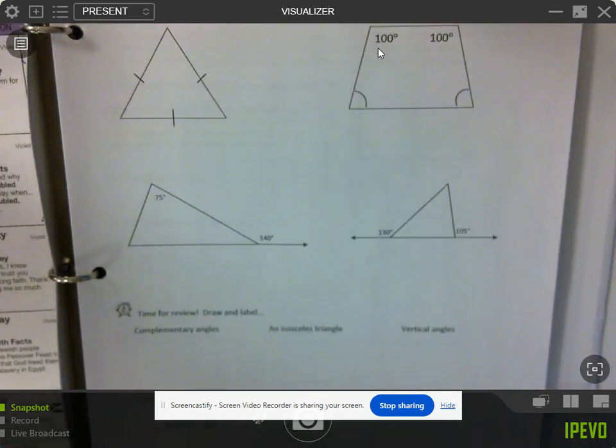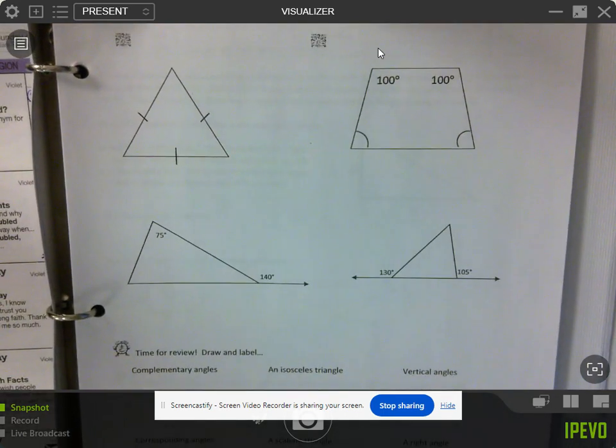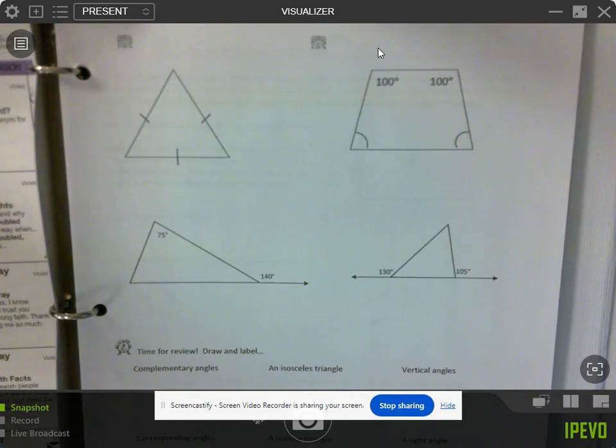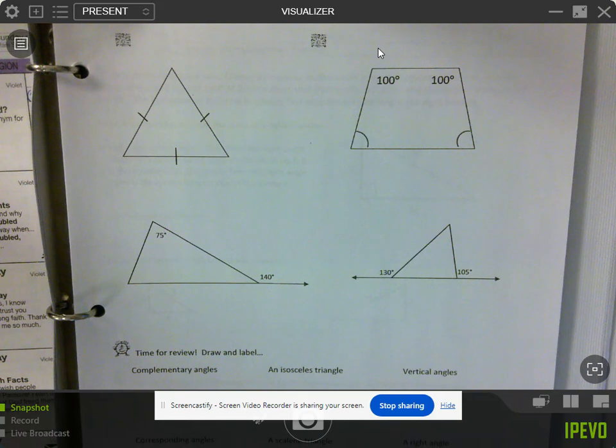Same directions. Oh my goodness. I don't see any angles on that first one. How in the world am I supposed to solve this? There are no angles listed at all. How can I solve for the unknown angles? Lauren? How do you know that they all have the same length?